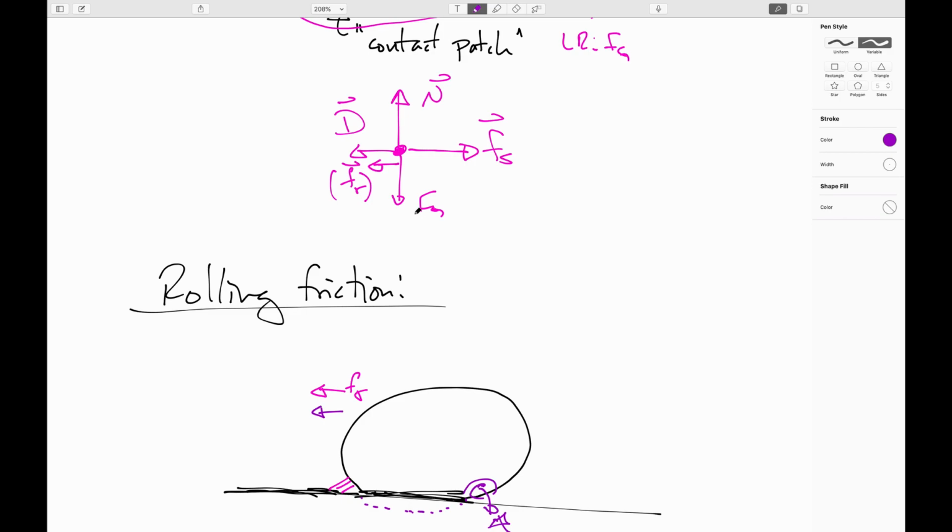But the force of rolling friction is still there, and that becomes one of the big sources of inefficiency that you may have to worry about if you're trying to design a very efficient vehicle.